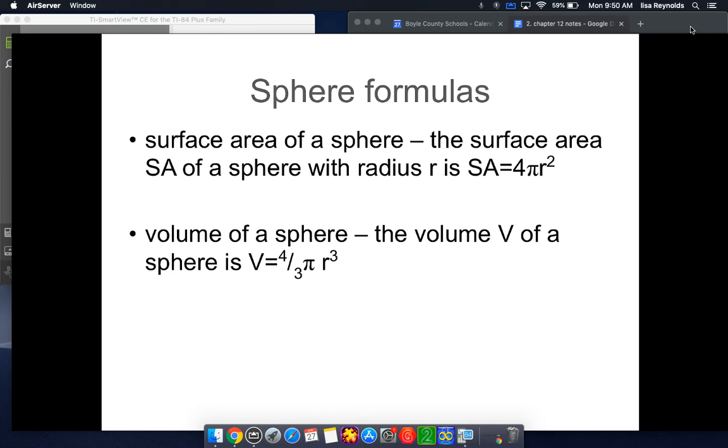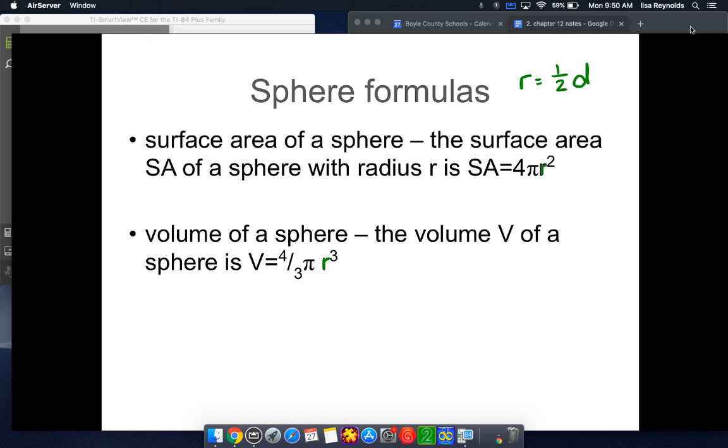Our formulas for the sphere, like the circle, will require one very important measurement. We're going to need to know the radius. Both our surface area and our volume formulas require the radius. Remember that the radius is half of the diameter.